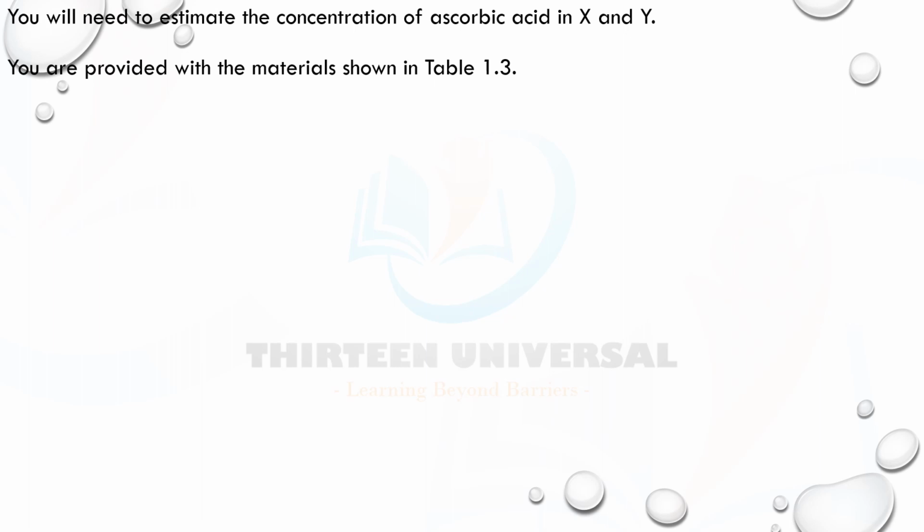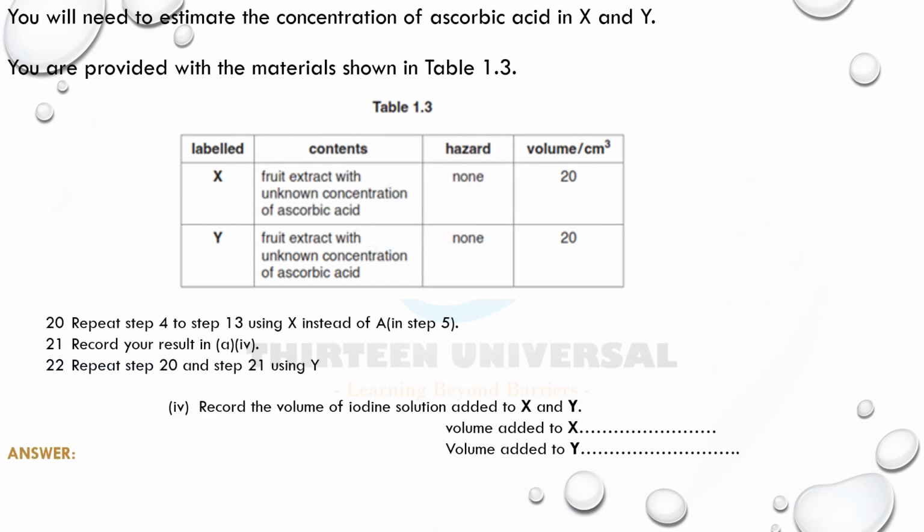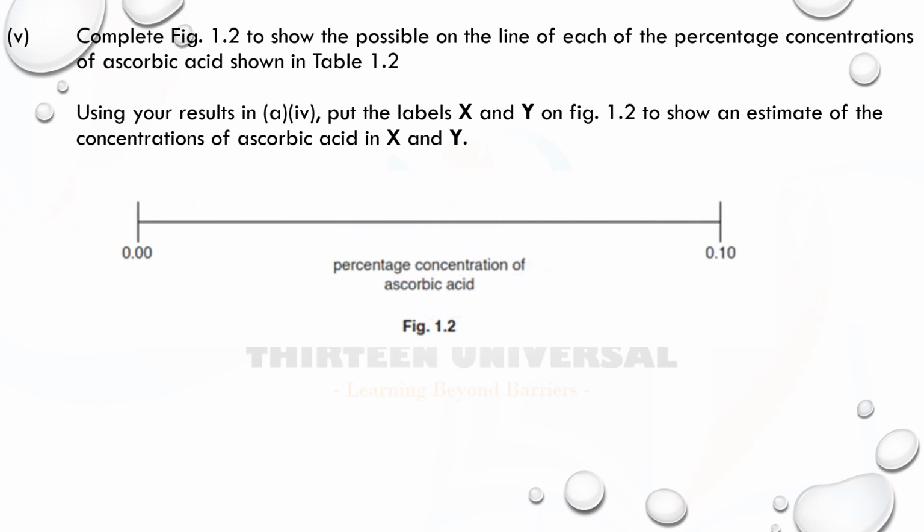4 marks. You will need to estimate the concentration of ascorbic acid in X and Y. So if you're doing this practically, you just do it for X and Y and find the volume, the same steps. Okay, the volume used. Now, complete table 1.2. By the time you carry out the same steps on X and Y, the volume will give you an idea from your table which concentration they are close to.